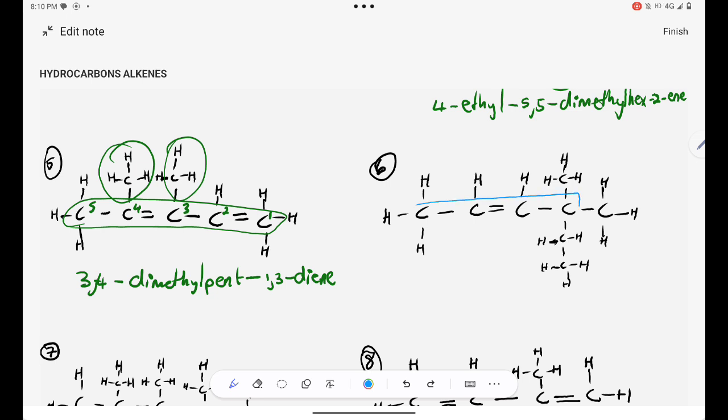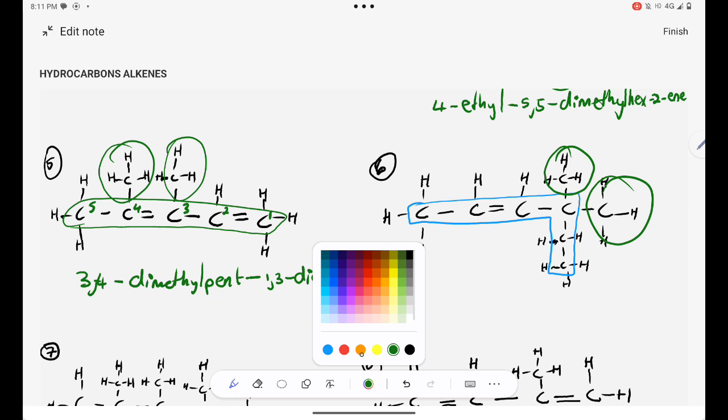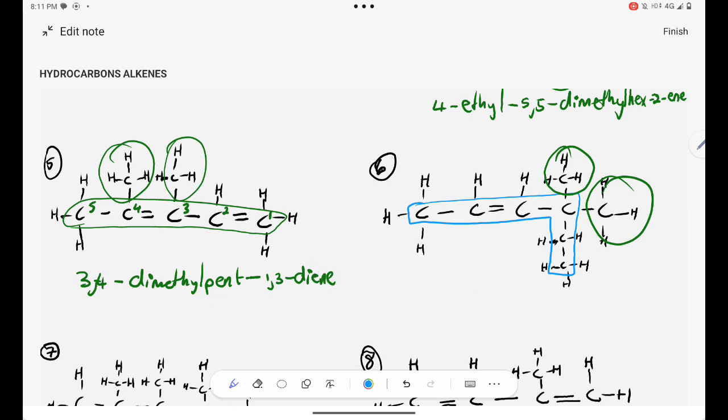So this will be the parent chain over here, and obviously it has two additions, that's side chain number 1 and side chain number 2. So whenever I number these carbons, I'll number from the terminal which is closer to the double bond. That will be carbon number 1, 2, 3, 4, 5, and 6.